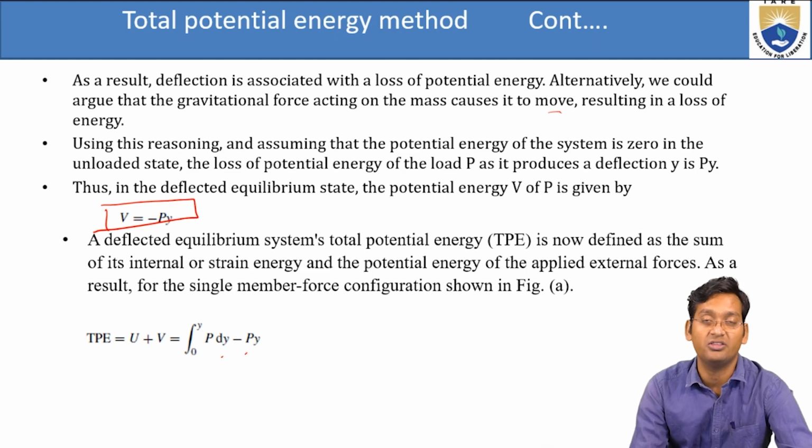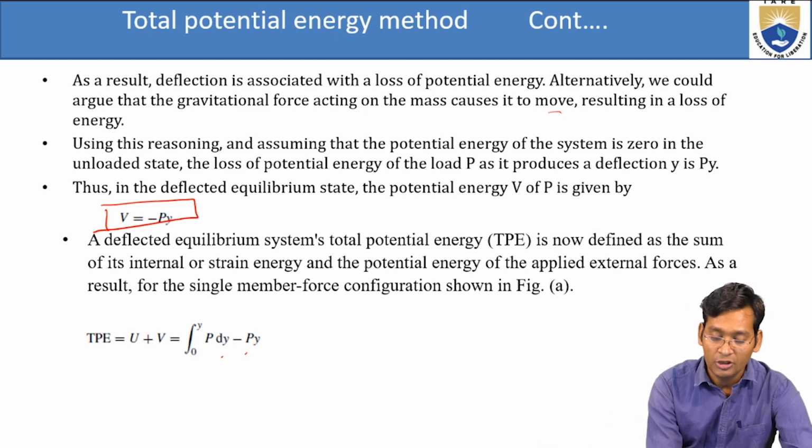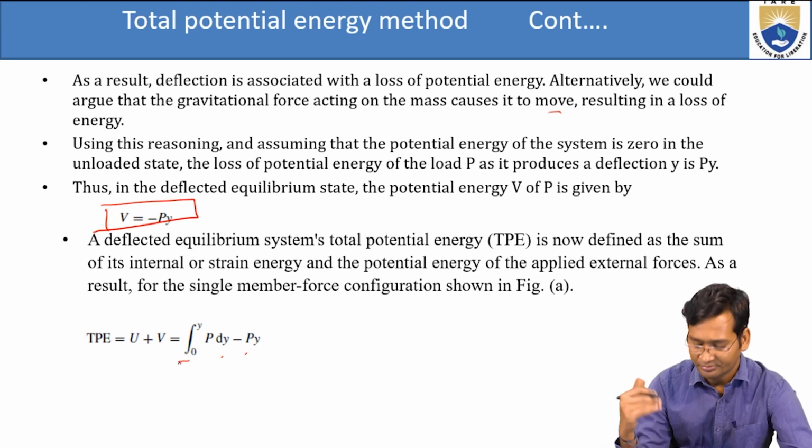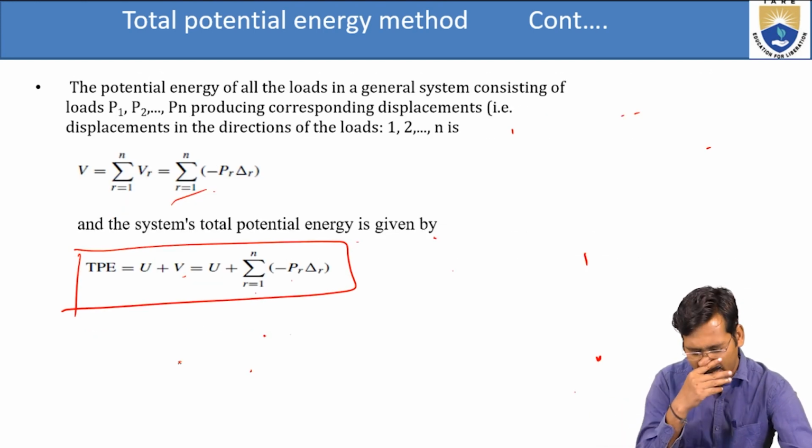If a system of mass is there, when many loads are there, what happens? The strain energy we can find by the same method, but the potential energy we have to find by a different method.